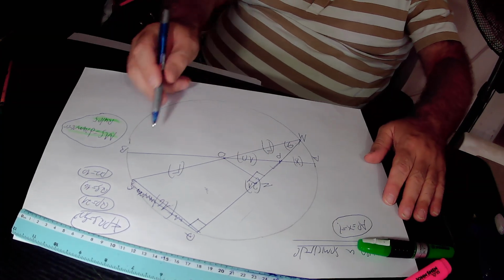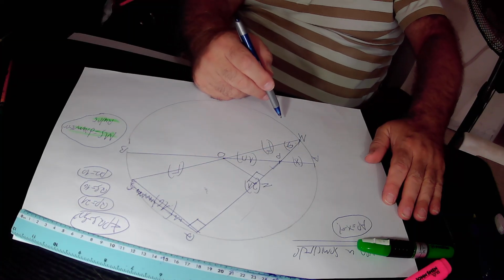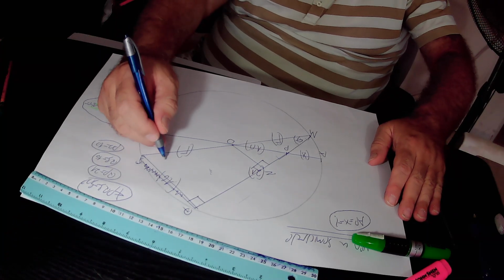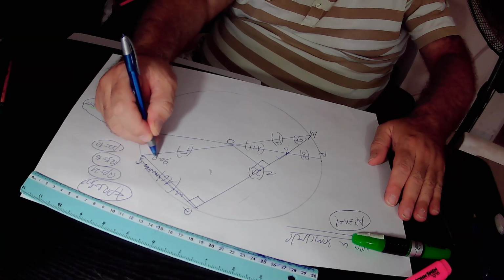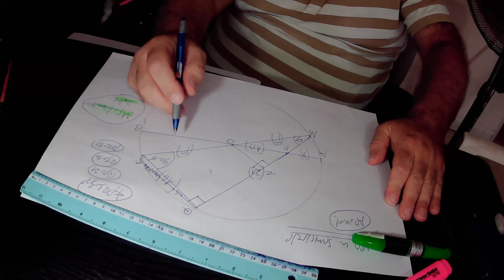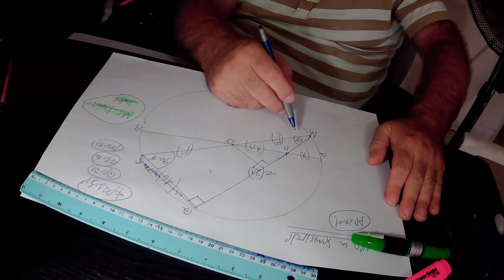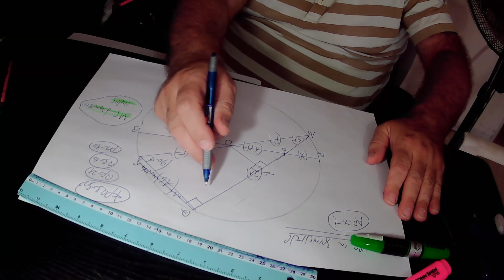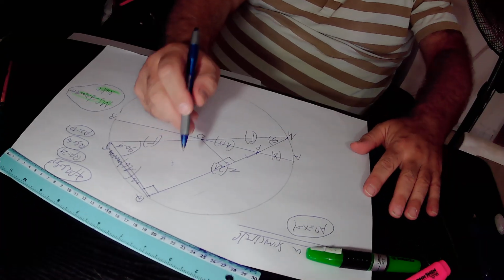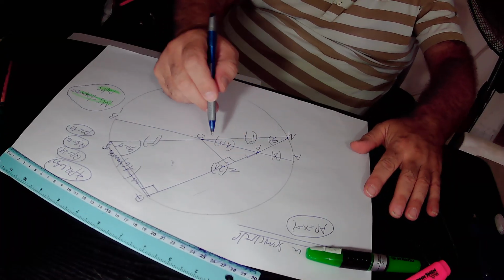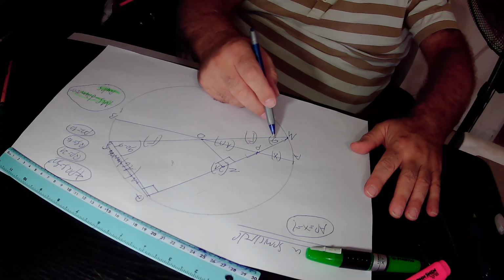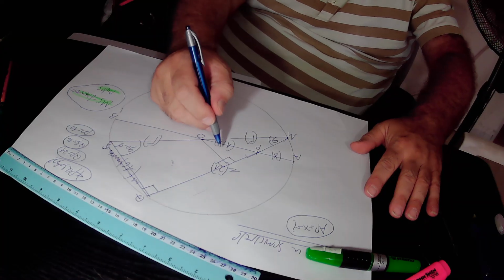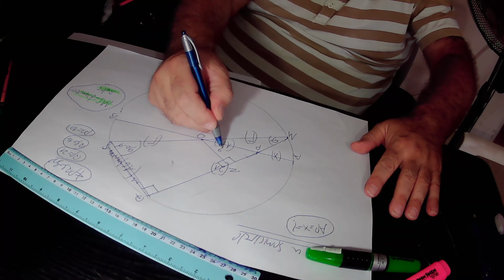So in the big right triangle SQM, this angle equals alpha, this angle equals 90 degrees, and therefore this third missing angle must be equal to 90 degrees minus alpha.